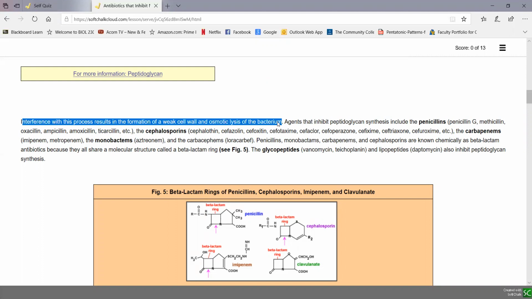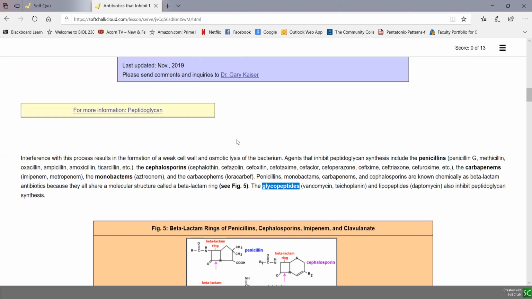And so there are a number of generic groups of drugs that do that, and many different versions in that group, from the penicillins, the cephalosporins, carbapenems, monobactams, and glycopeptides like vancomycin. These all inhibit peptidoglycan synthesis, causing osmotic lysis.